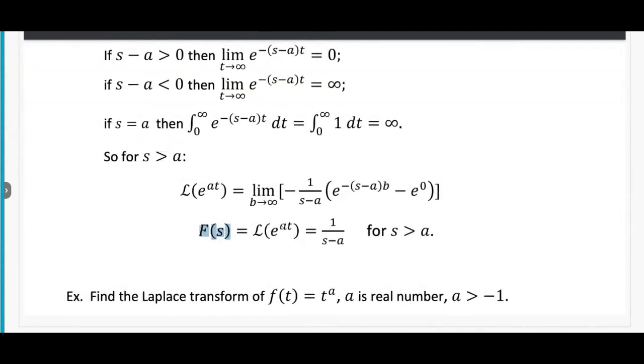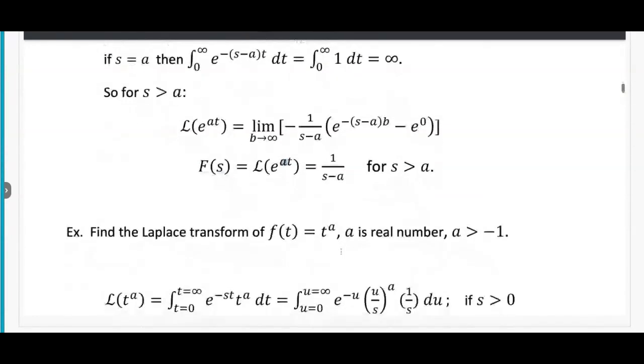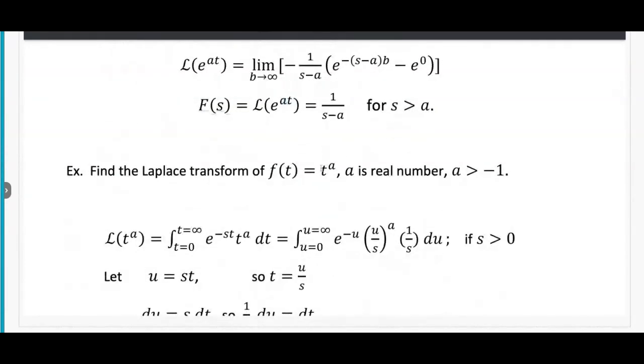Now we have seen some examples, right? e to the 4t, that's 1 over s minus 4. Or this is e to the 3t, that will be 1 over s minus 3, so on and so forth. This is another example, t to the a power. a, we like to be greater than negative 1.